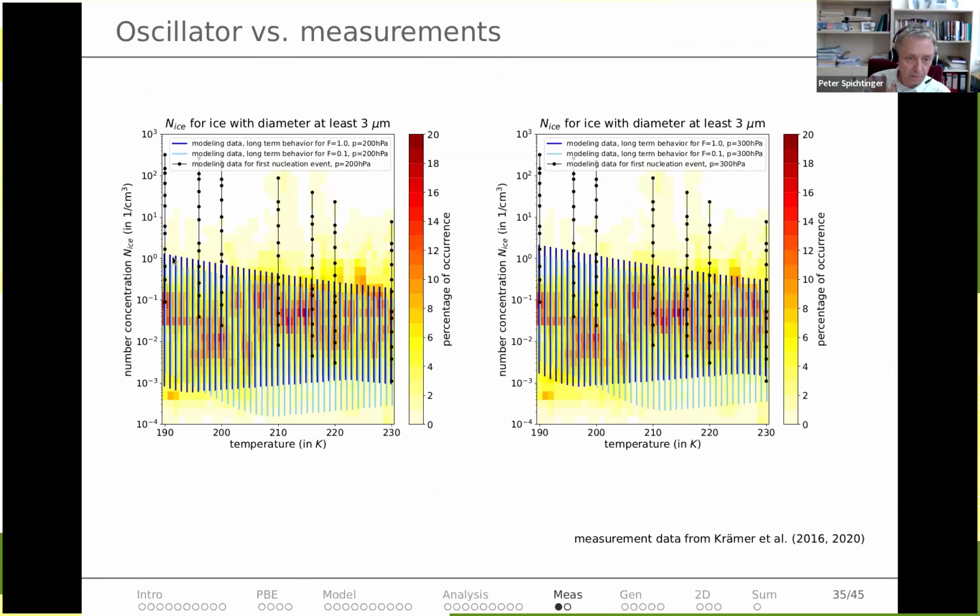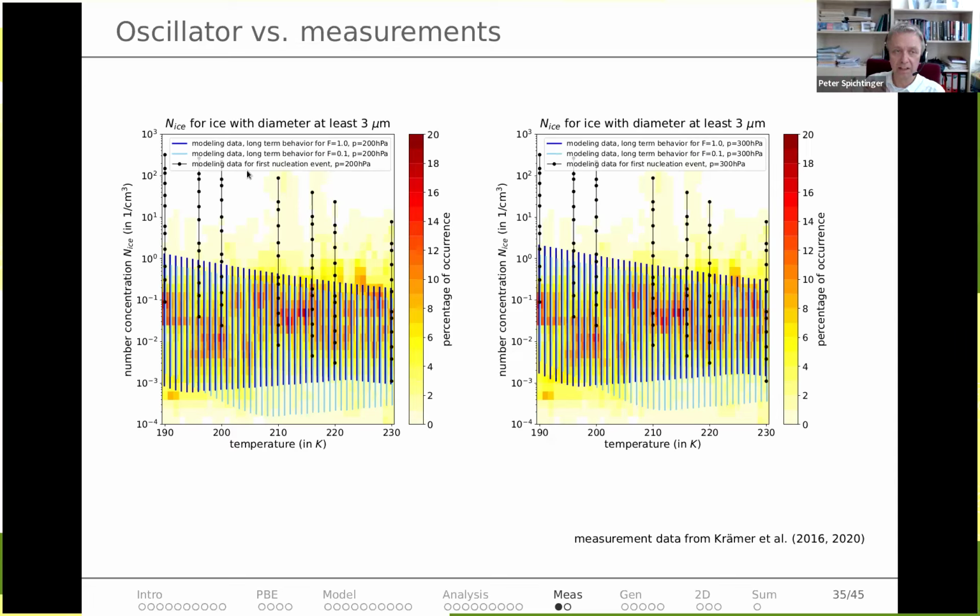These dark and light blue lines are the spread of the oscillator for different sedimentation behavior: either nothing is falling in, everything is falling out, or part is falling in. And you realize that these lines, this is for 200 hectopascal, this is for 300 hectopascal, with this kind of simple model, we are in the right range.